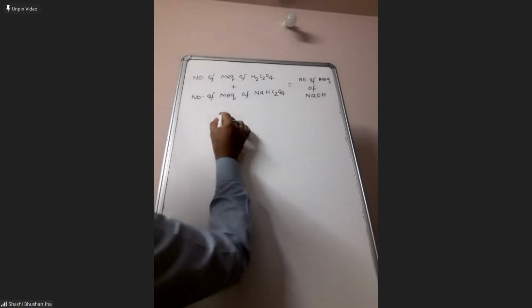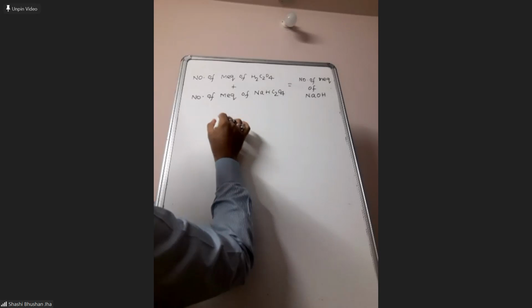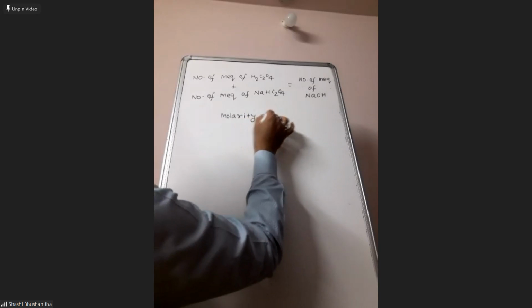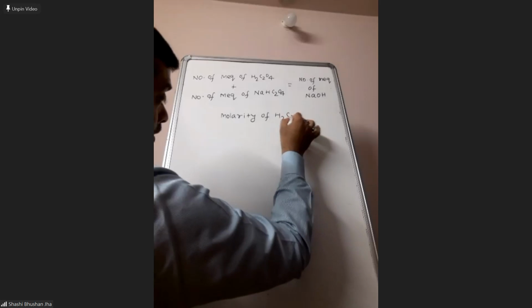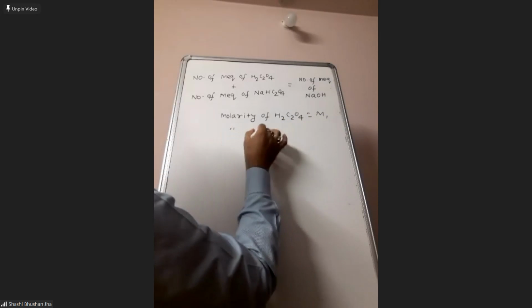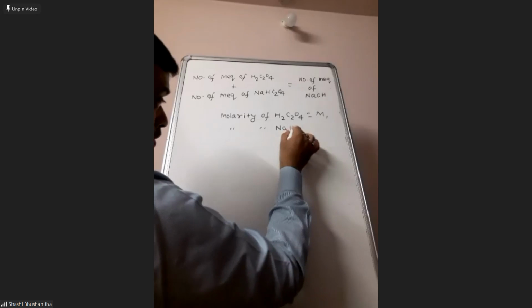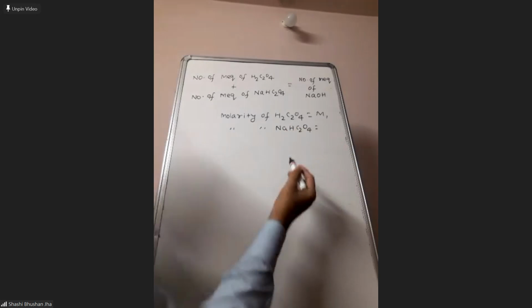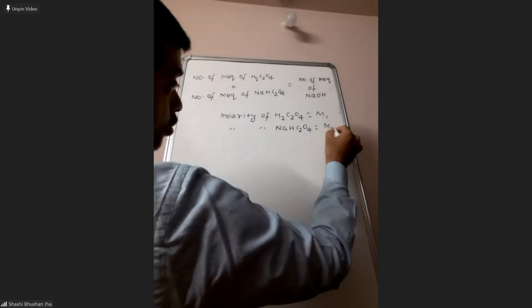So we will assume the molarity of oxalic acid as M1 and molarity of sodium bioxalate as M2.